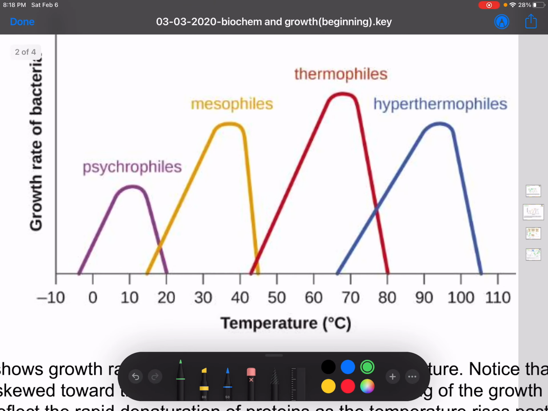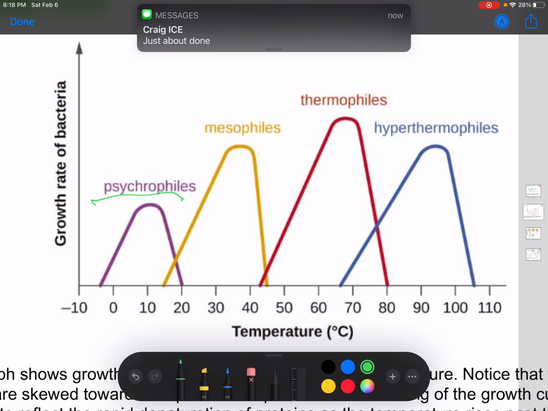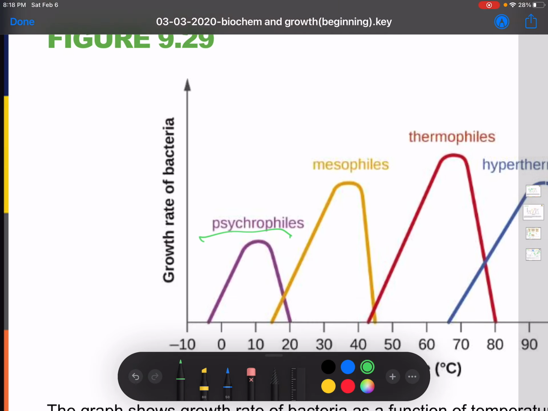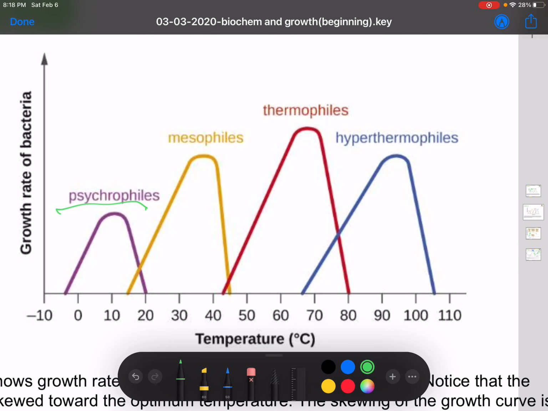And the takeaway from these is that the growth rate of different types of bacteria is going to be higher in certain conditions. Some bacteria will divide the fastest at cold temperatures, while other ones are going to divide faster at a room temperature or a moderate temperature.